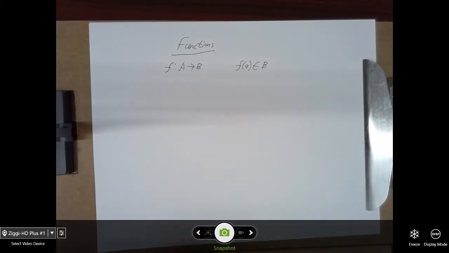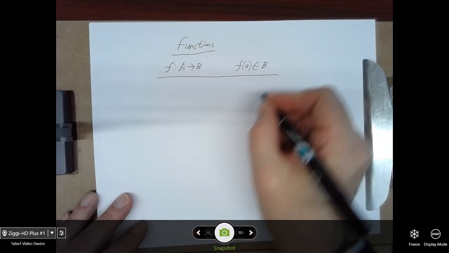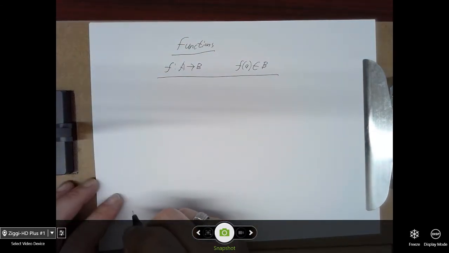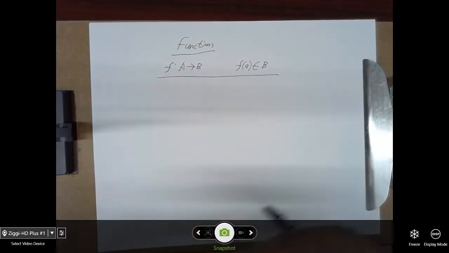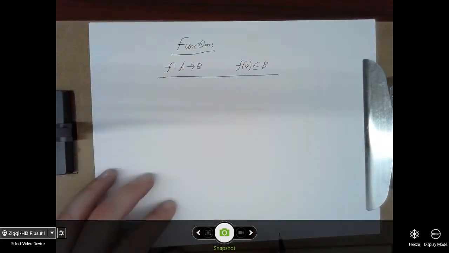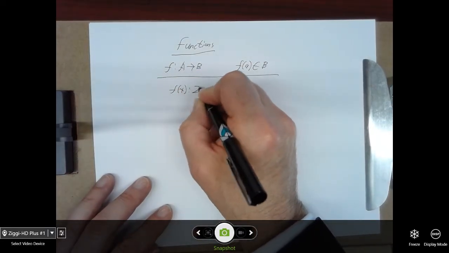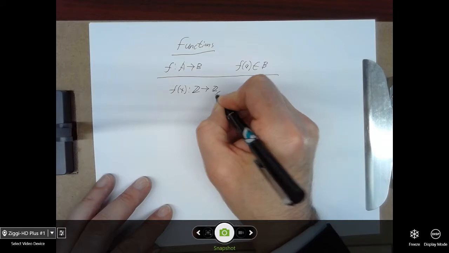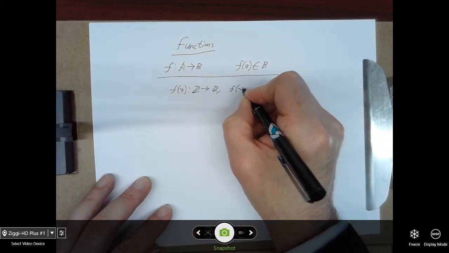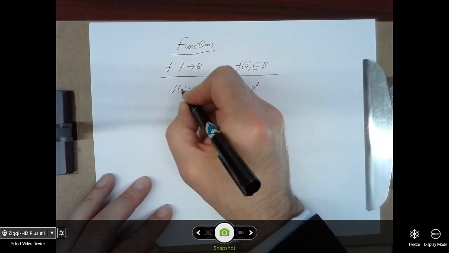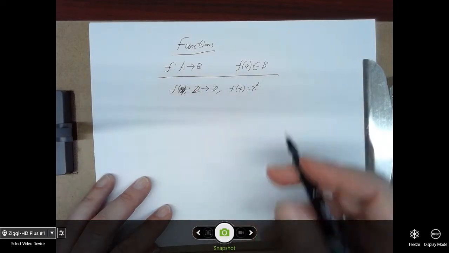But sometimes, and I mentioned in the homework, there's a spot where they do this. We write a function as a set of ordered pairs, right? Remember, a function is a subset of the power set of A cross B. So let's just say f goes from Z to Z, f of x equals x squared.